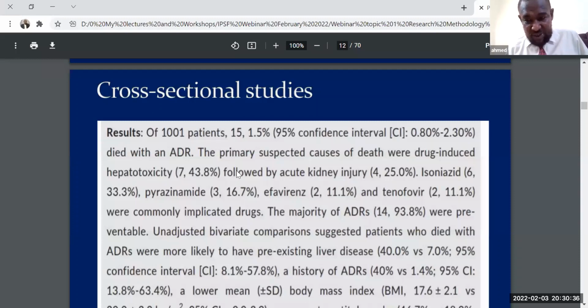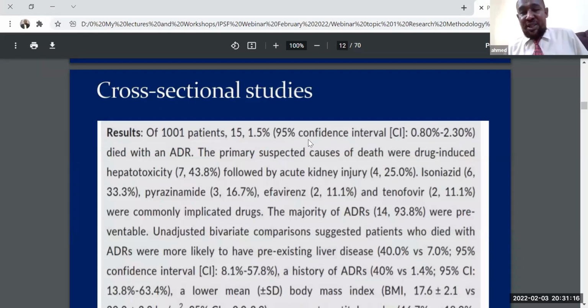As I said just now, we have descriptive statistics and we have inferential. Descriptive just describes what the researcher observed in the sample. Inferential tries to make inference to the population. And for inferential, either we have estimation or we have hypothesis testing. For estimation, any estimated figure, like this one, the rate of death due to adverse drug reaction, if we want to make inferential statements, not about the sample but about the population, we have to present the 95% confidence interval.